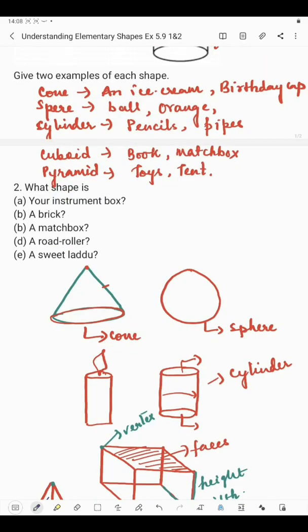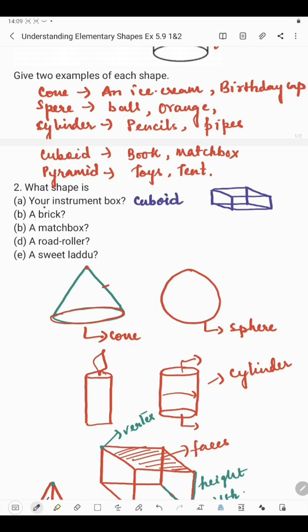In question number 2 we have: what shape is your instrument box? An instrument box looks like this. Since this is formed using rectangles, this is a cuboid. So we write that the shape of the instrument box is a cuboid.